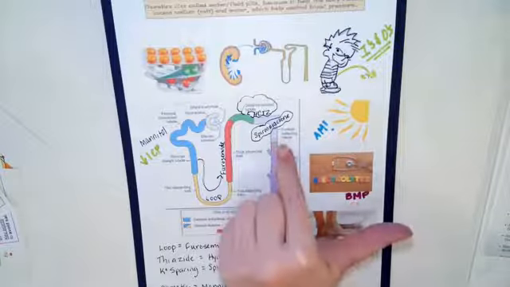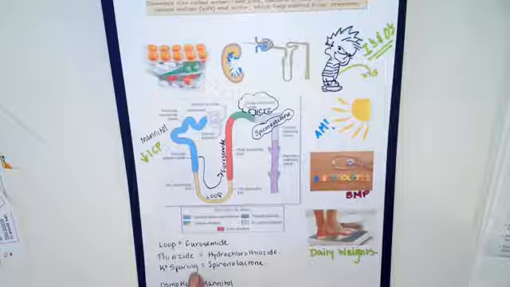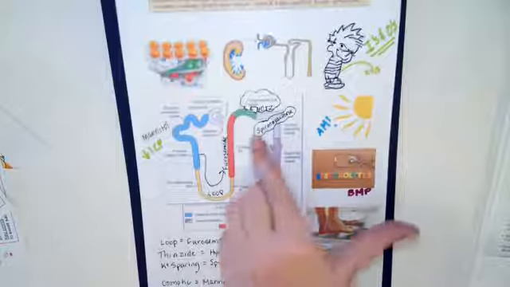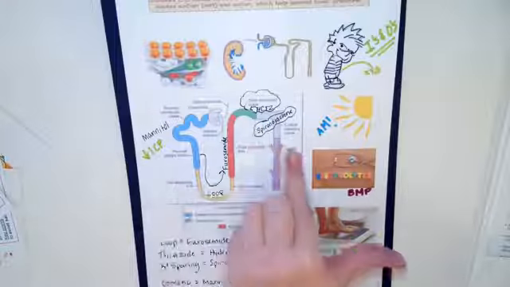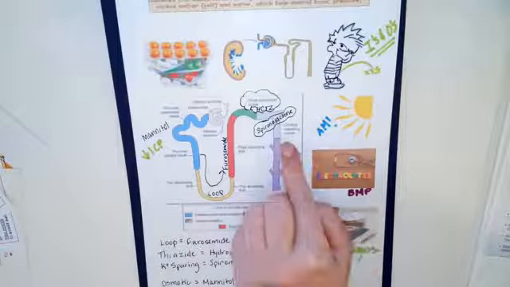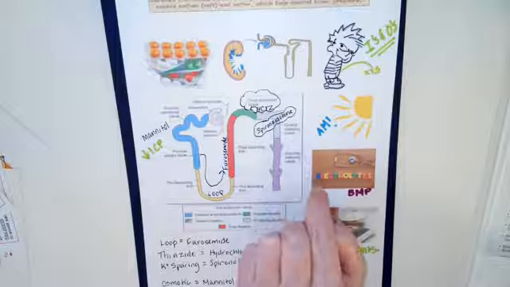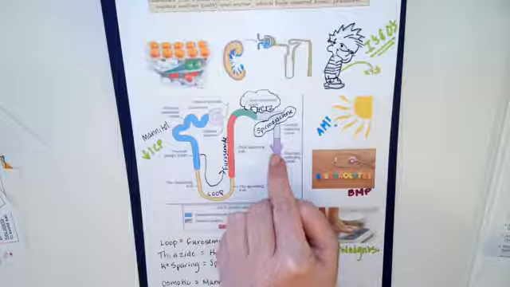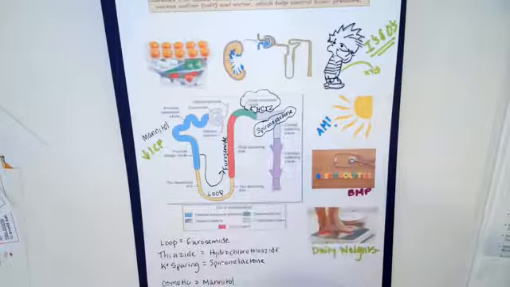Spironolactone, on the other hand, is our potassium-sparing diuretic. Because of where it works in the nephron, it helps us retain potassium. So if our patients are low in potassium and they need diuretics, we can give spironolactone, which will help them hang on to their potassium.